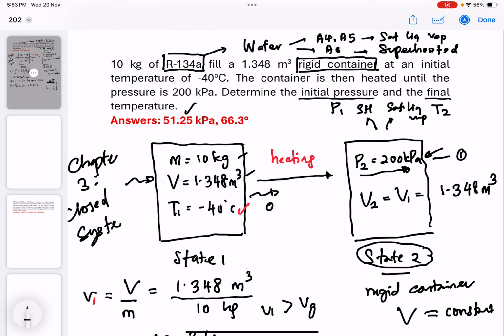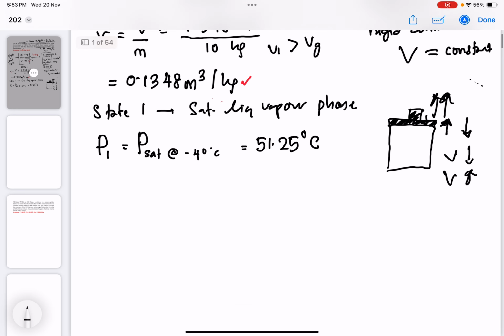Therefore, the mass M2 is going to be the same as the mass at state 1, which is equal to 10 kg. Therefore, my specific volume at state 2 is equal to the specific volume at state 1, which is equal to 0.1348 meter to the power of 3 per kg.